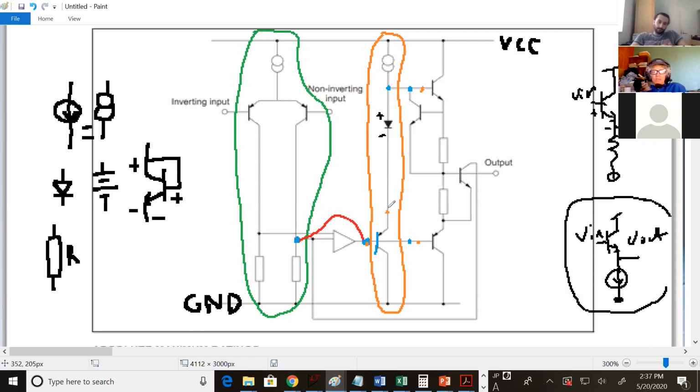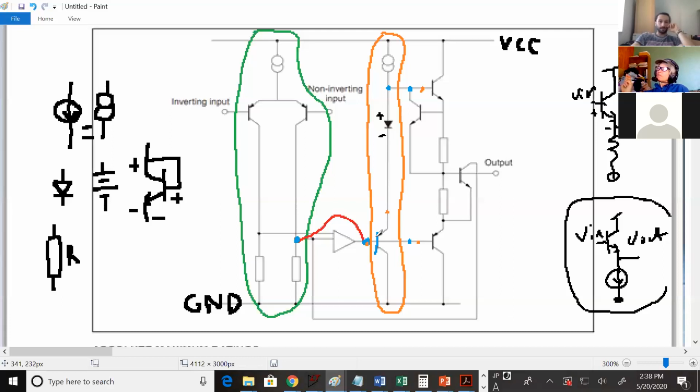Another VBE on. So from here, you dropped 1 VBE on, 2 VBE on, and that's the wire that goes to the base of the second transistor. So there actually is 2 VBE on there. It's kind of hidden. It looks like there's just 1 drop here, but there's actually a second one through the common collector. Okay, so we've got our 2 VBE on.